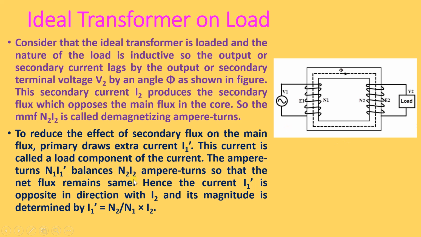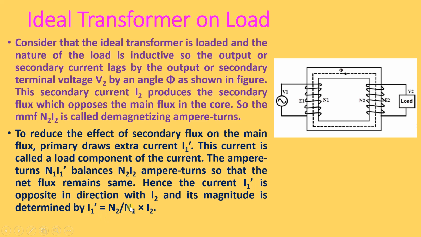So this N1 I1 dash balances this N2 I2. So the main flux remains the same. Hence the current I1 dash is opposite in direction to I2, and its magnitude is I1 dash equals N2 upon N1 into I2. So this is the magnitude.